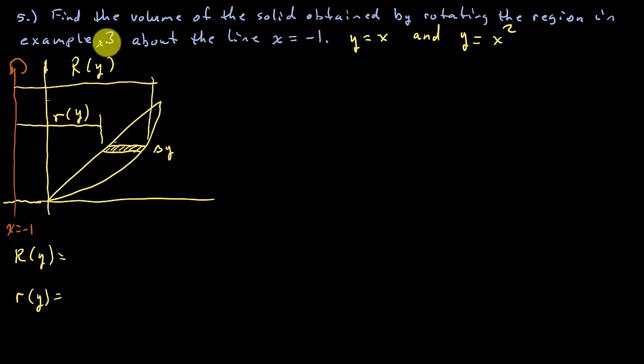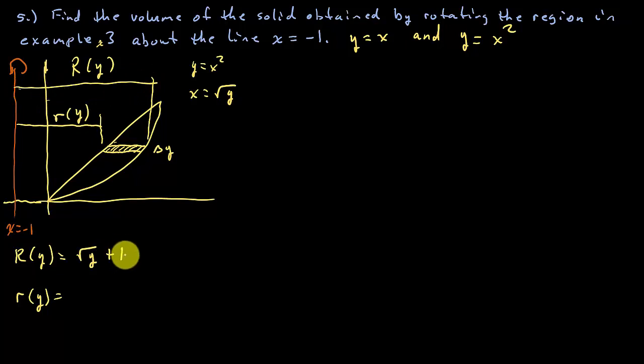Well, what's x? Well, I've got to get it in terms of y. Well, I'm going to the curve y equals x squared. So if I have y equals x squared, then I know x is equal to the square root of y. Okay? So from here to here is the square root of y, and then I have to do what? I have to go one more unit. So it's the square root of y plus 1.